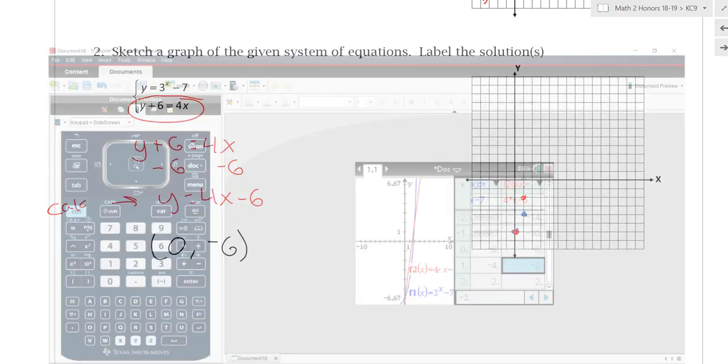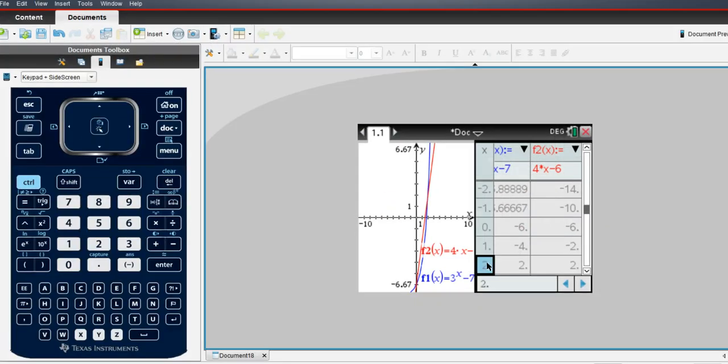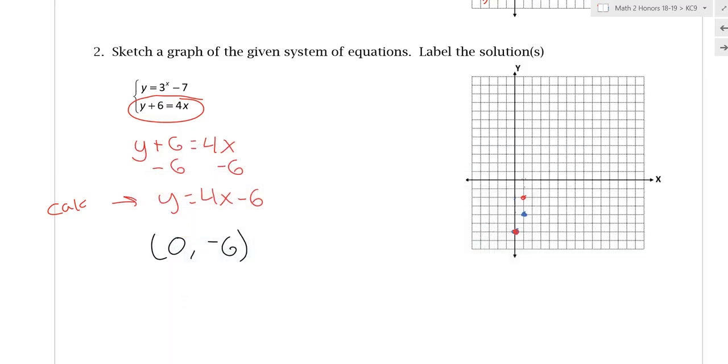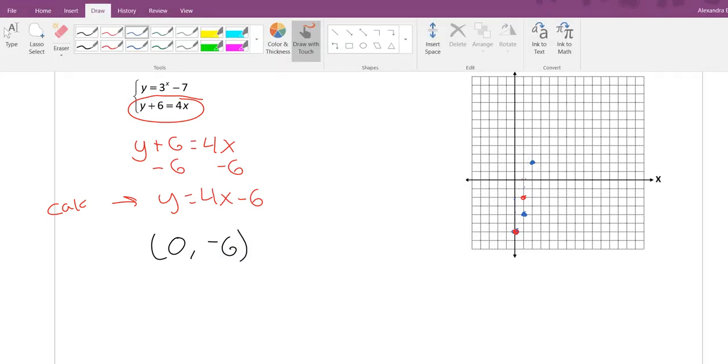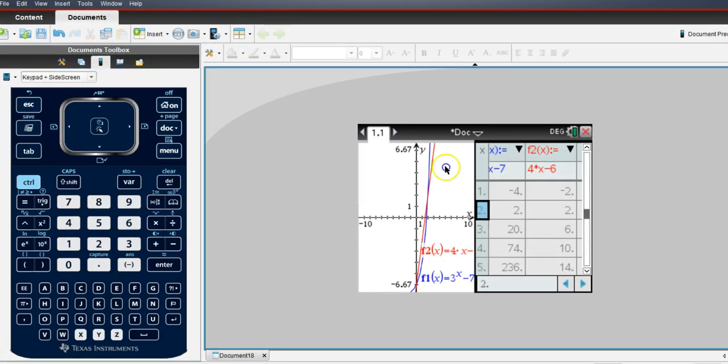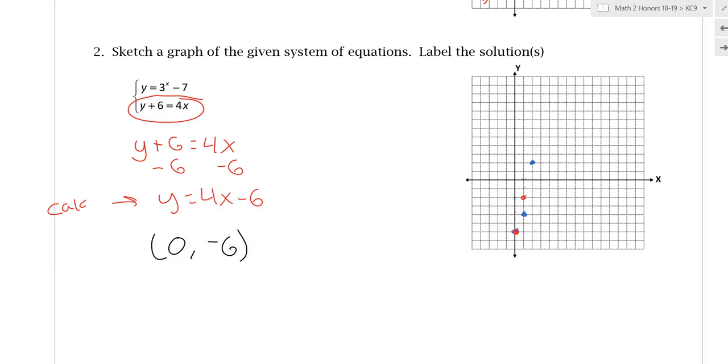Our next blue point is 2, 2. Our next red point is also 2, 2.